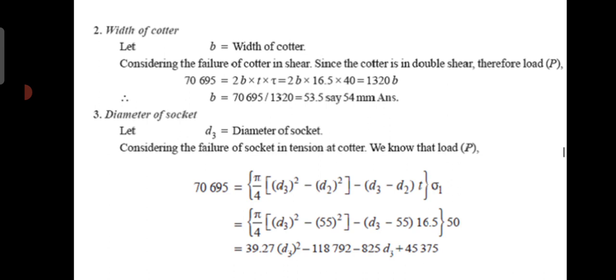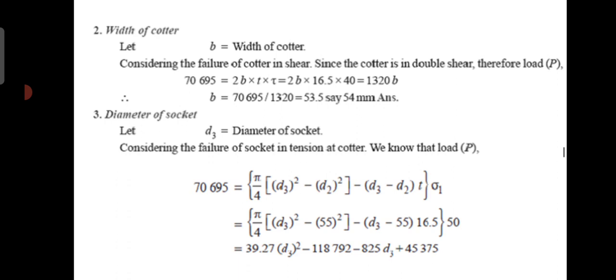Then diameter of socket, D3. Here considering the failure of socket in tension at cotter, we know P equal to pi by 4 into D3 square minus D2 square, minus D3 minus D2 into t into sigma t. Sigma t is 50, t equal to 16.5, D2 equal to 55, P equal to 70.695 into 10 to the power 3.